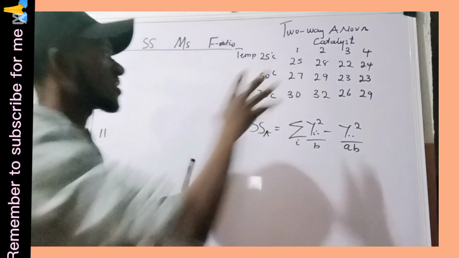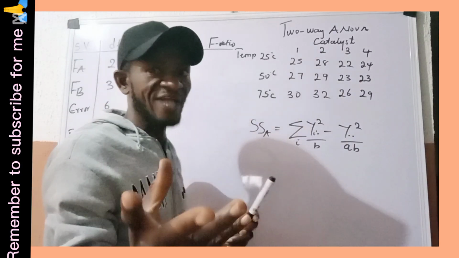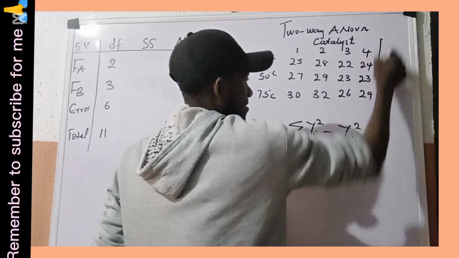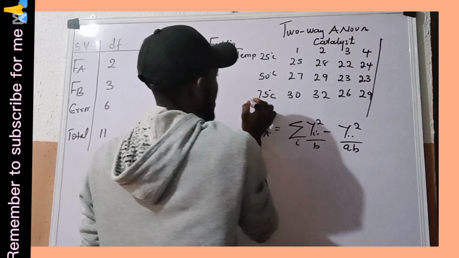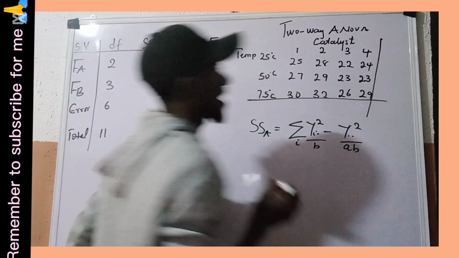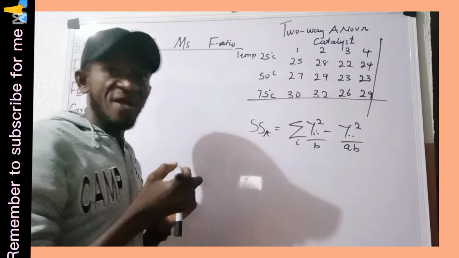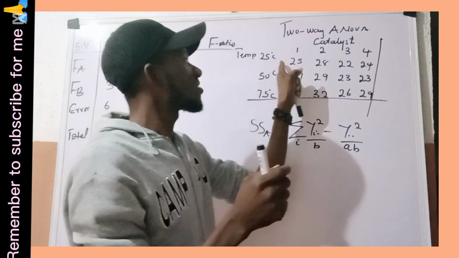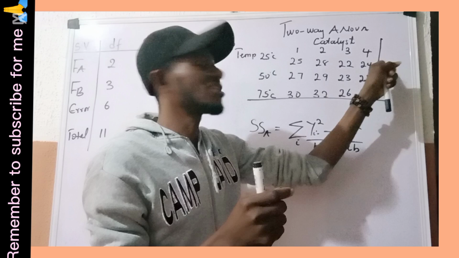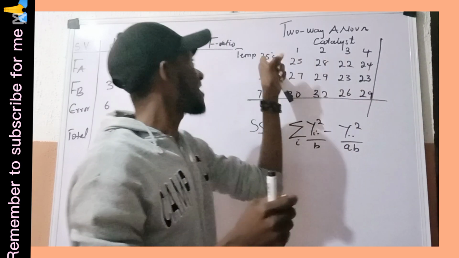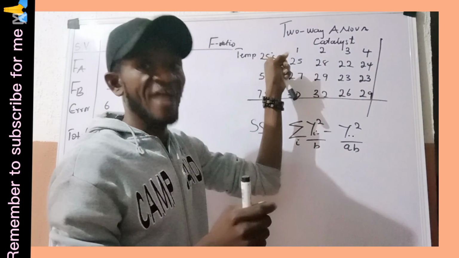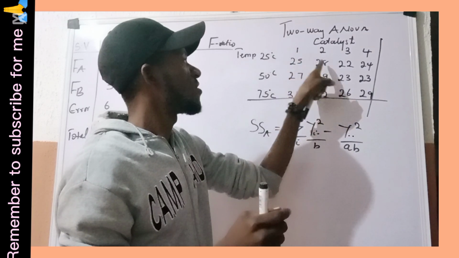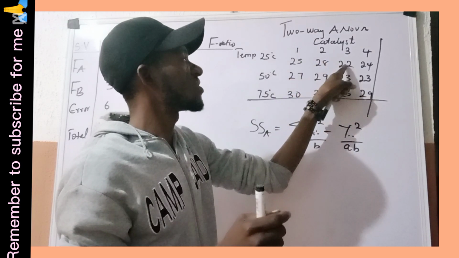Now, coming to this data, I can introduce a line this way, a line this way, and a line this way. When I have lines this way, I can sum all these observations under this level of factor, 25 degrees. I am going to say 25 plus 28 plus 22 plus this.